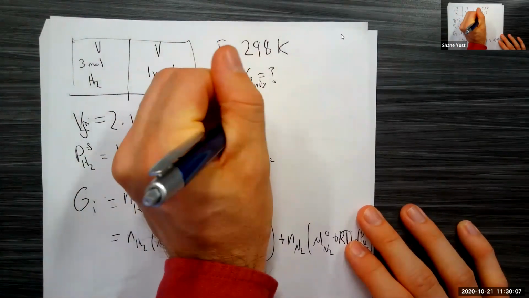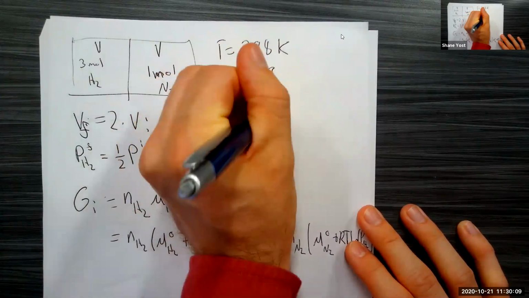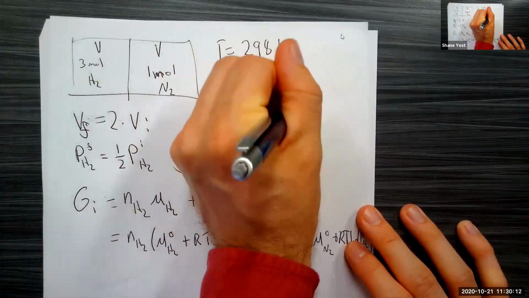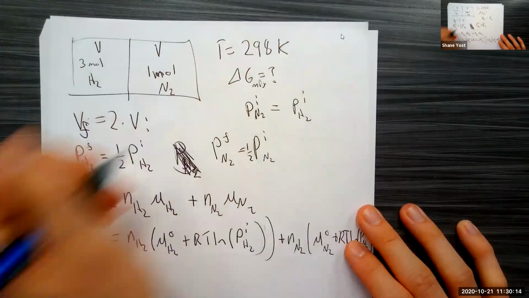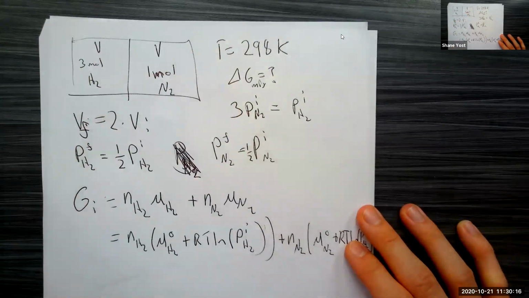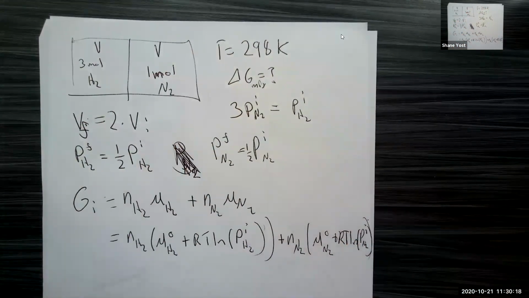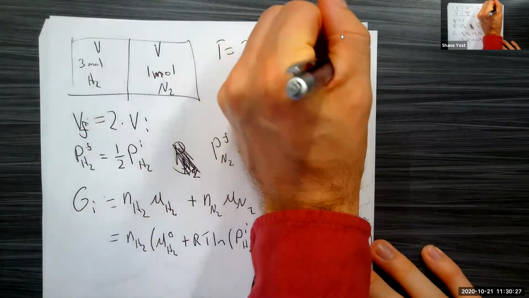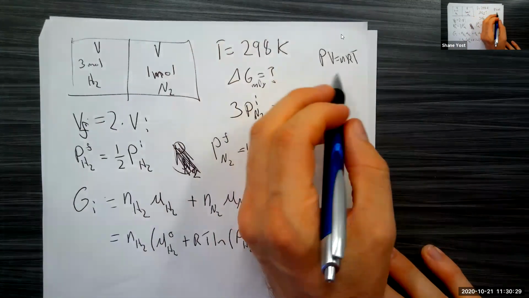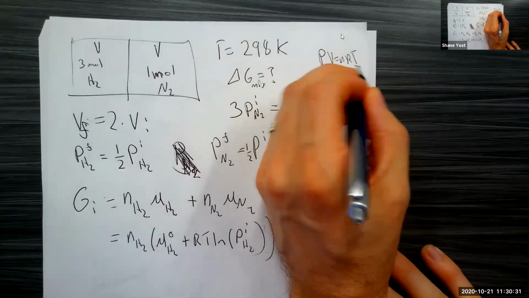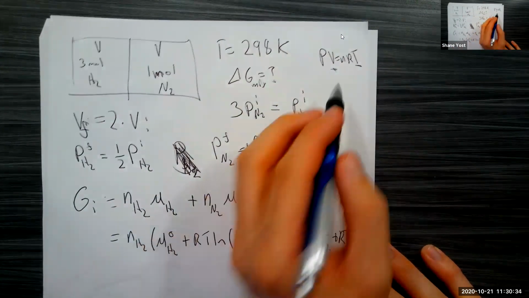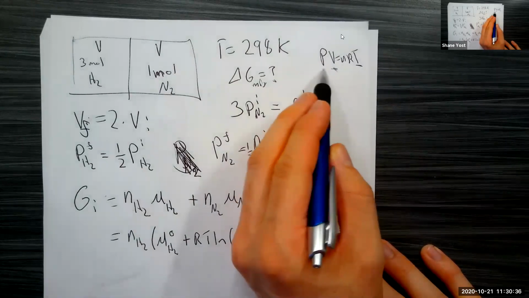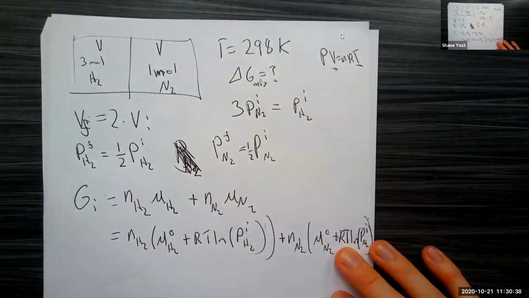P N2 initial related to P H2 initial is 3 times: 3 times P N2 initial is equal to P H2 initial. We know this just using PV equals nRT. For an ideal gas, if volume and temperature are the same between these 2 gases, I've tripled the number of moles, which means I have to triple the pressure.